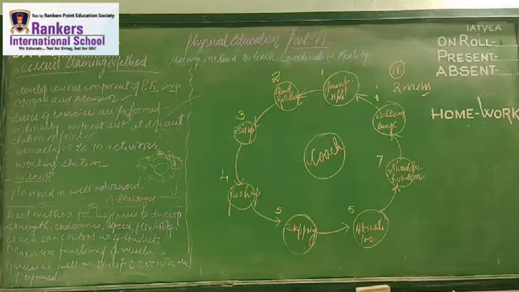Got it? So what is the most important thing we need to keep in our mind? We need to keep in mind that maximum functioning of muscles should take place. If maximum functioning of muscles takes place, then the main purpose of the circuit training method will be fulfilled, right?